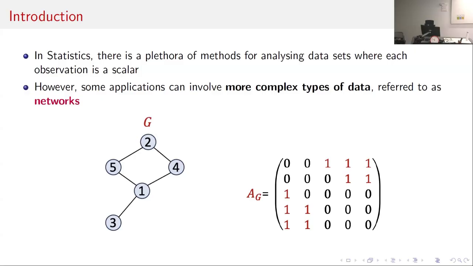We call it a graph, we denote it by G. And we have a mathematical representation of this network, which is the adjacency matrix denoted by A, indexed by G. As a toy example, I considered here a small network comprising 5 nodes and 5 edges. And the edges, as you can see, are undirected in this case.